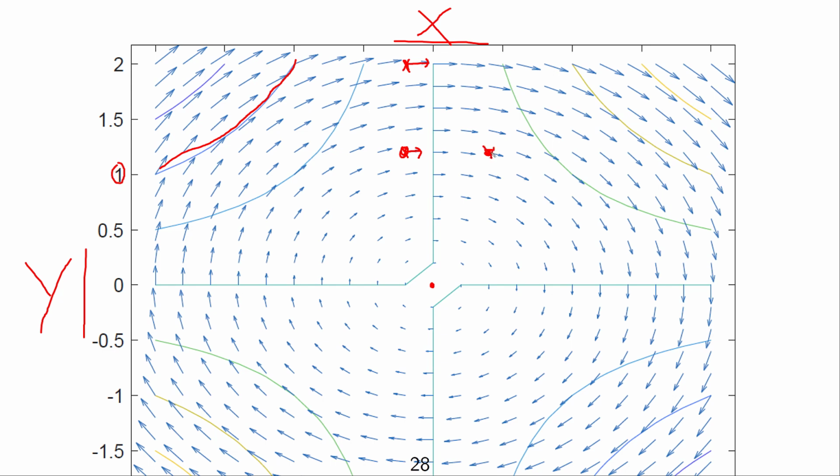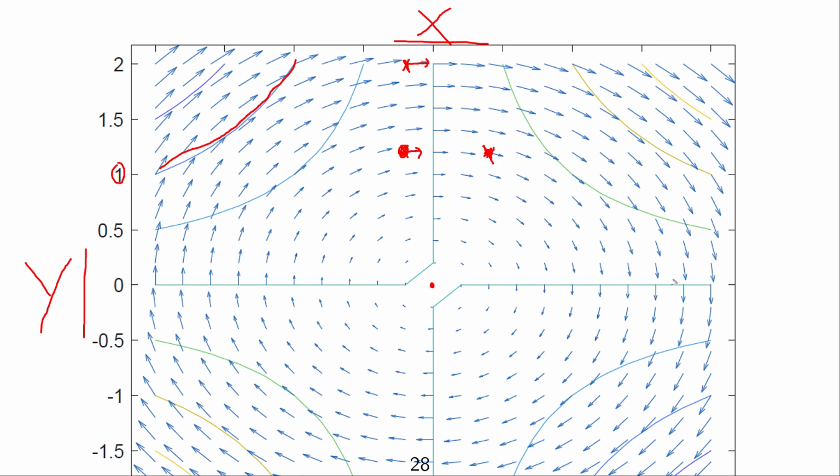When we are right here at this point, the y player would like to move slightly downwards, because x switched from being negative when we were over here to being positive when we are here. So there's a switch in the y strategy.